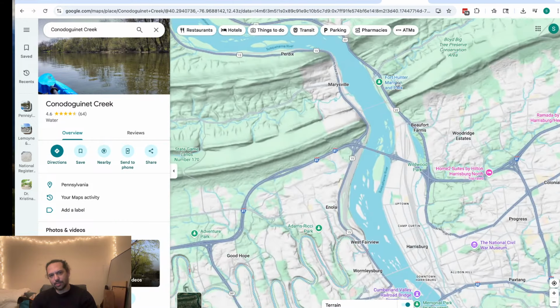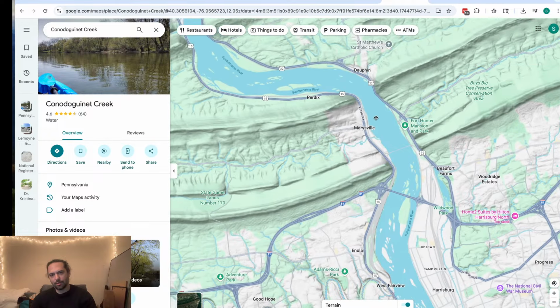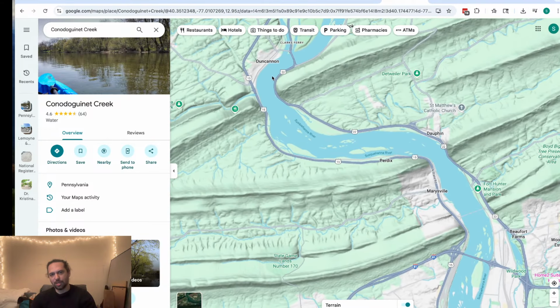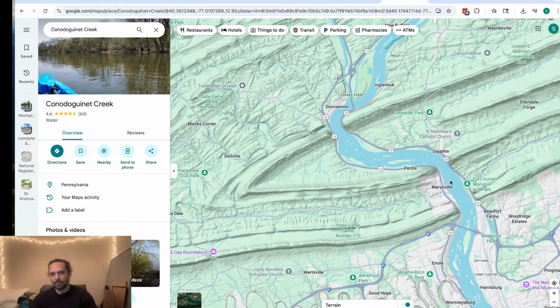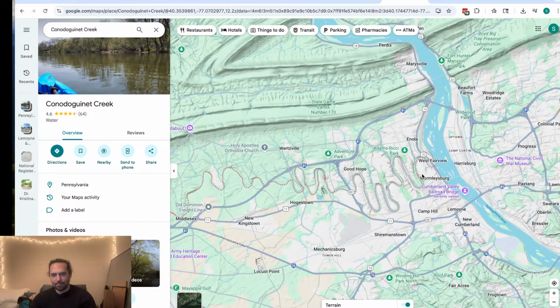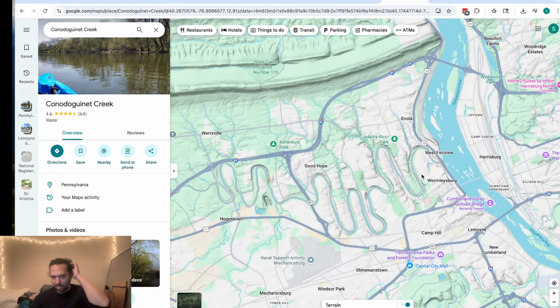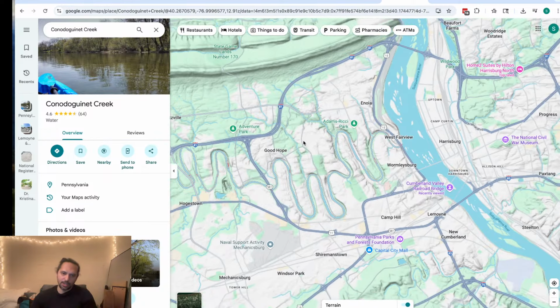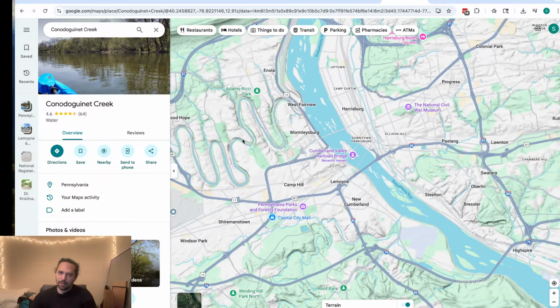Like, look how the Susquehanna River just clearly cuts right through these hills. That's partly because the Susquehanna River is older than the Appalachian Mountains, I believe. So the mountains arose around the river. But maybe not so for this creek. I don't know. I'm speculating about the geology. I don't actually know. But very interesting.